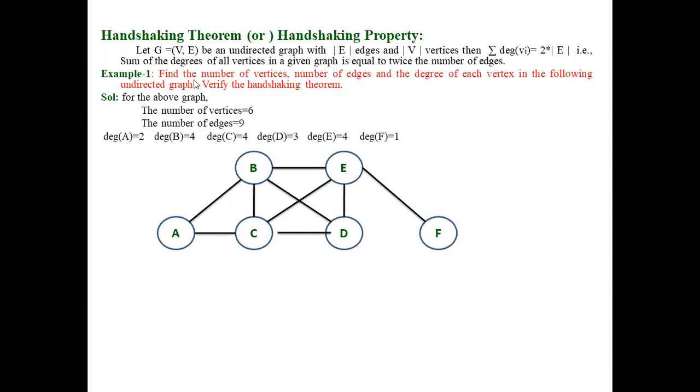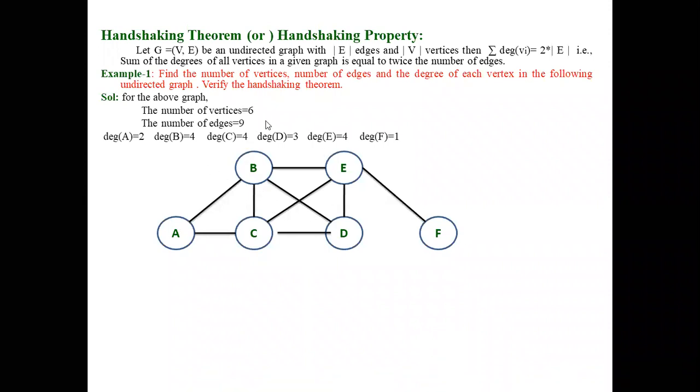So for example, find the number of vertices, number of edges and the degree of each vertex in the following undirected graph. Verify the handshaking property. Okay. So for the above graph, the number of vertices is 1, 2, 3, 4, 5, 6.